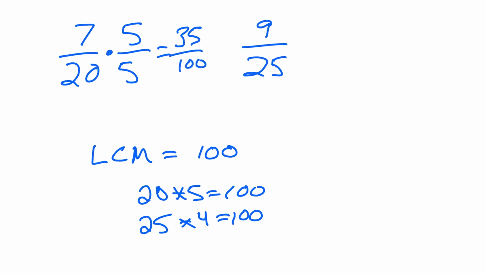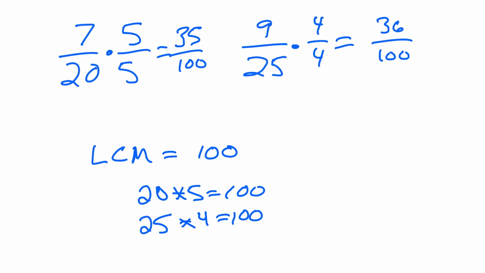Hey, let's slide over and look at 9/25. If I multiply 9/25 by 4 over 4, and again remember 4 over 4 is just 1, and 1 times anything is itself, so I'm not changing the value, I'm just changing the container, I'm changing the way it looks. So 9 over 25 times 4 over 4 becomes 36 over 100.